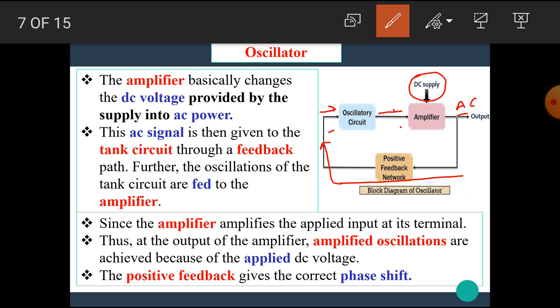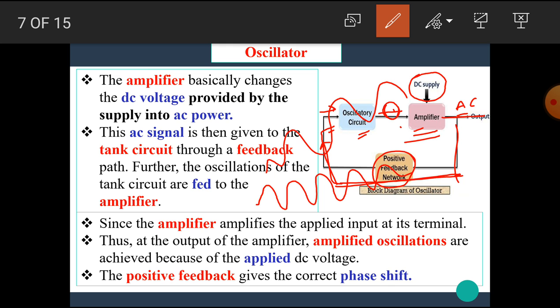Again, this output of the oscillatory circuit is amplified by the amplifier, and some fraction is given again to the input of the oscillatory circuit through the positive feedback network. This process is continuous, hence we get the oscillations in this form, or this form, or this form. Okay.